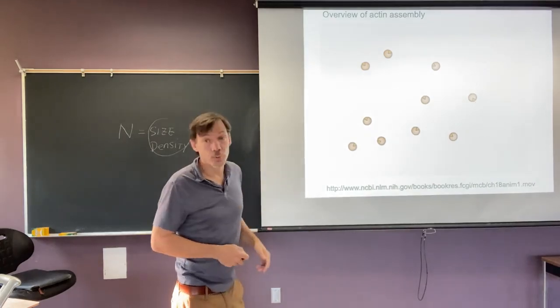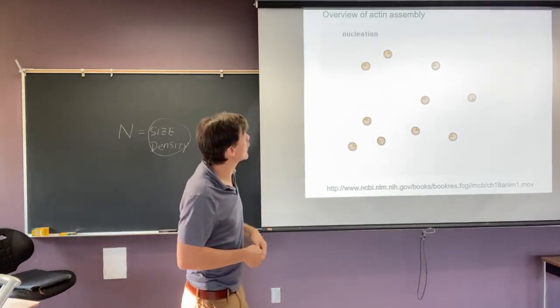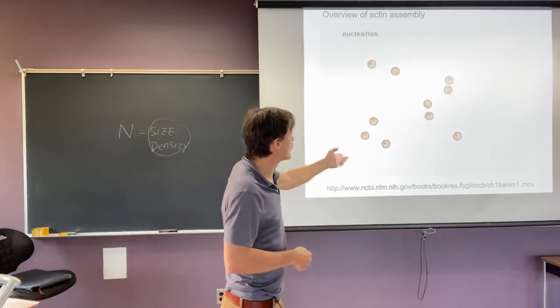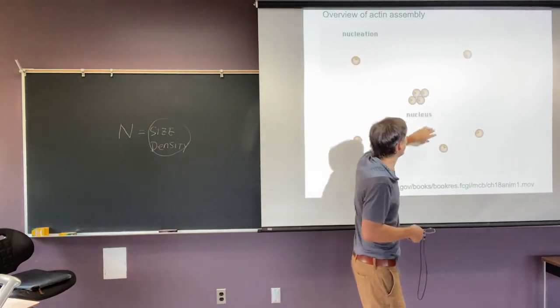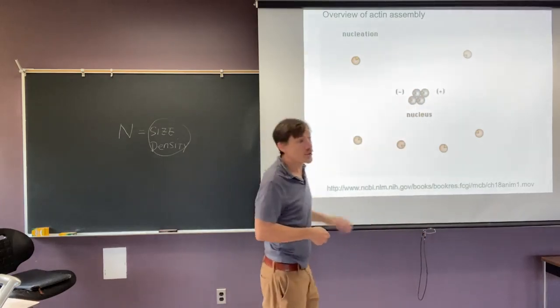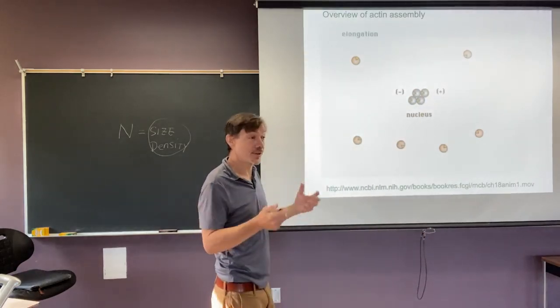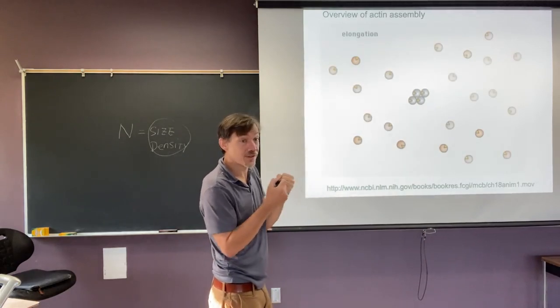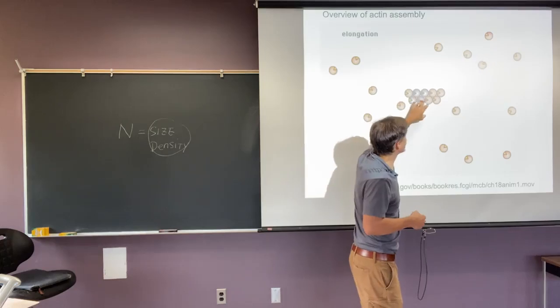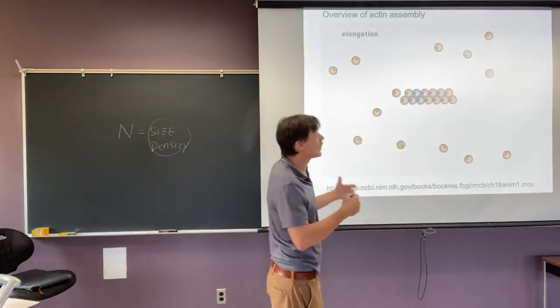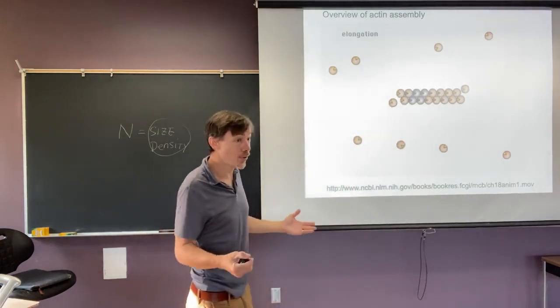This is a little movie that I had shown last time, and it summarizes some of the big points. During actin assembly, you get nucleation, which is a relatively rare event because it depends on multiple G-actins coming together at the same time. Initially, there's an elongation phase where the filaments are growing longer on both ends.